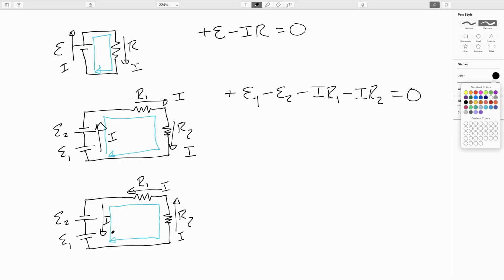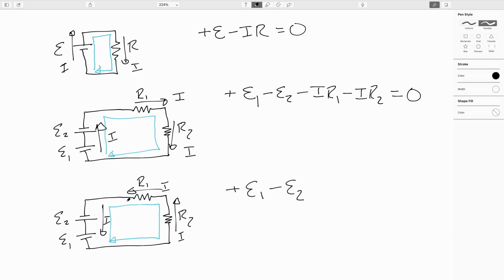So here, as I walk my hypothetical dog along, again, I'm exiting E1 at the positive terminal. So I'd still be writing plus E1. And same deal here, I would be writing minus E2 because I'm leaving at the negative terminal. Now in this case, if the current's really flowing counterclockwise, E2 is bigger than E1, and this will be a negative number, but that'll be okay.